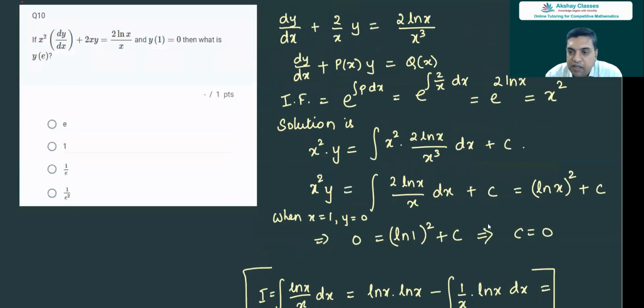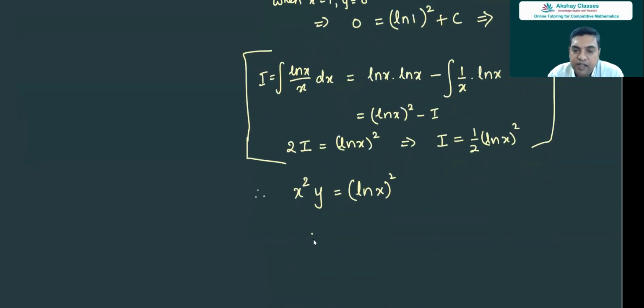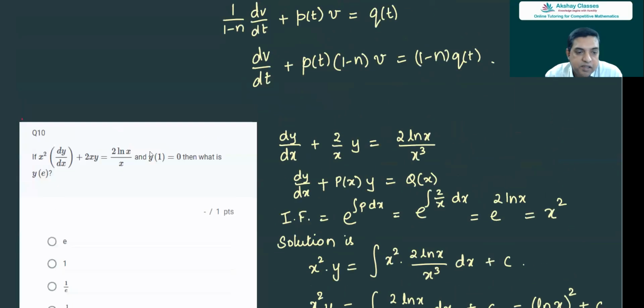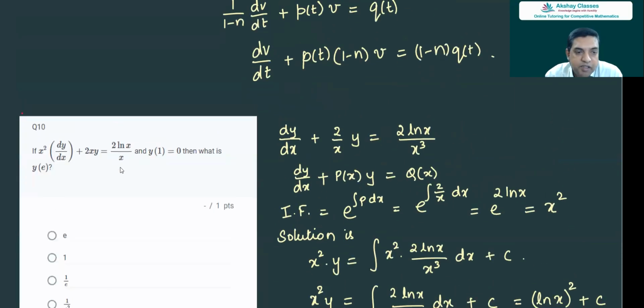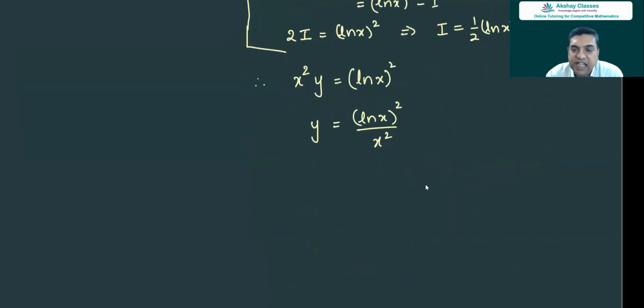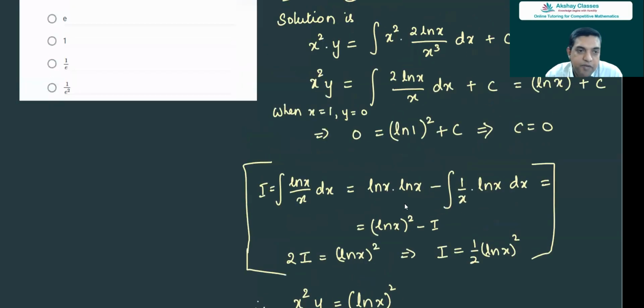This is the expression. So y is equal to log x the whole square by x square. Now the question is, what is y of e? So y of e becomes log e, which is 1, upon e square. So you get 1 upon e square or e to the power minus 2. So this is the correct answer.